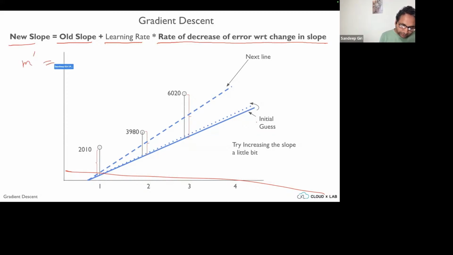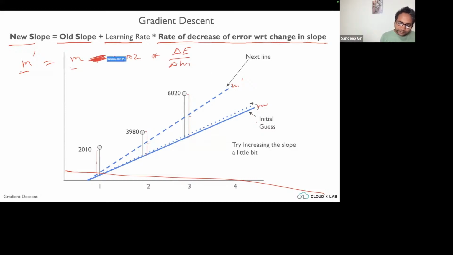Let's say m dash is the new slope and m is the old slope. M dash equals m plus some constant, let's say 0.02, times negative delta E by delta M.